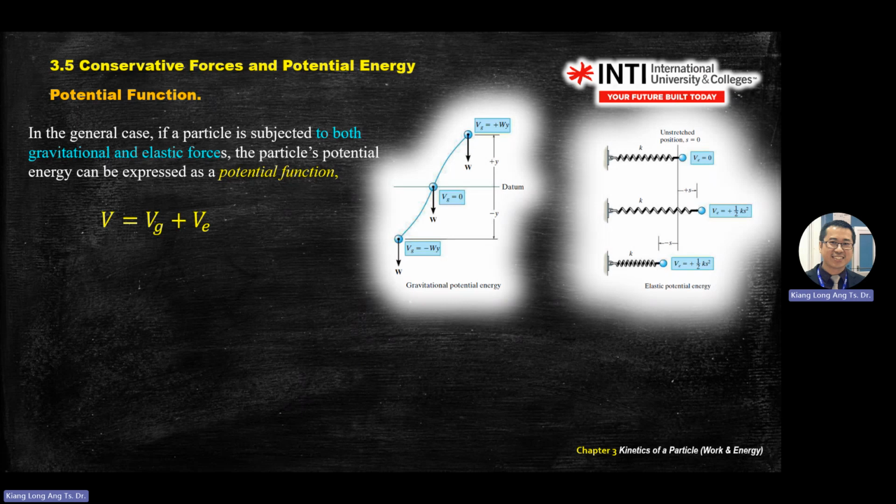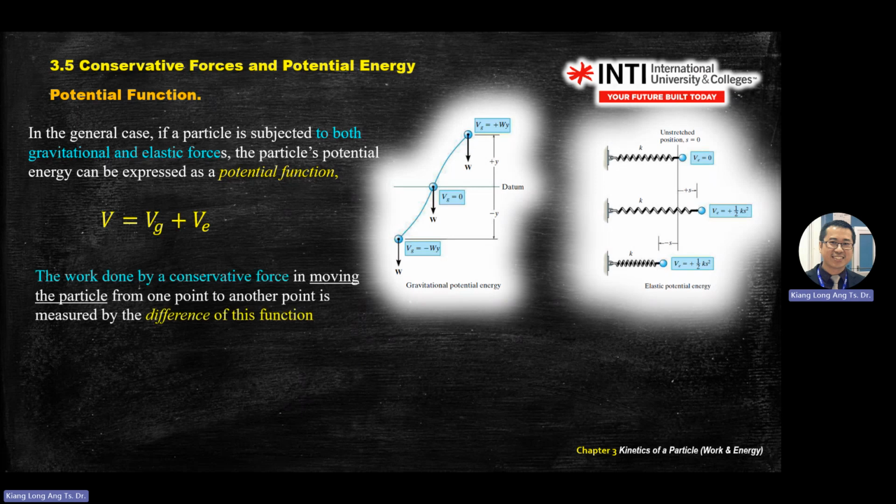So you need to watch out for this one. Then work done by a conservative force equals potential energy number 1 plus potential energy number 2. So you can put potential energy before over here, plus work done by the conservative force, equal to the potential energy after.